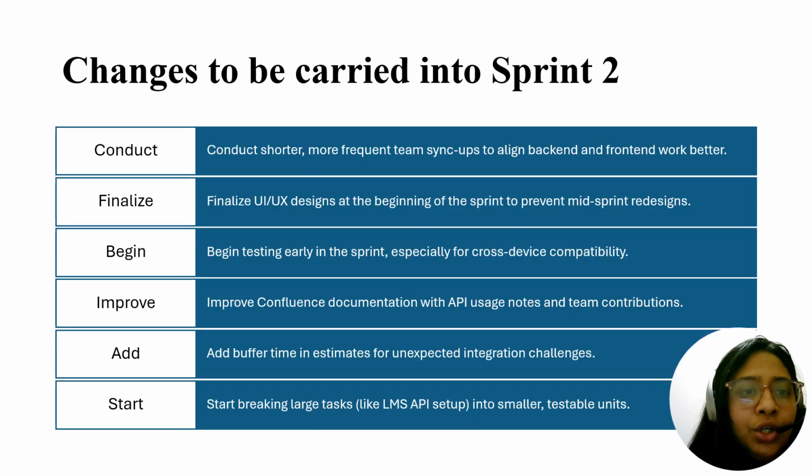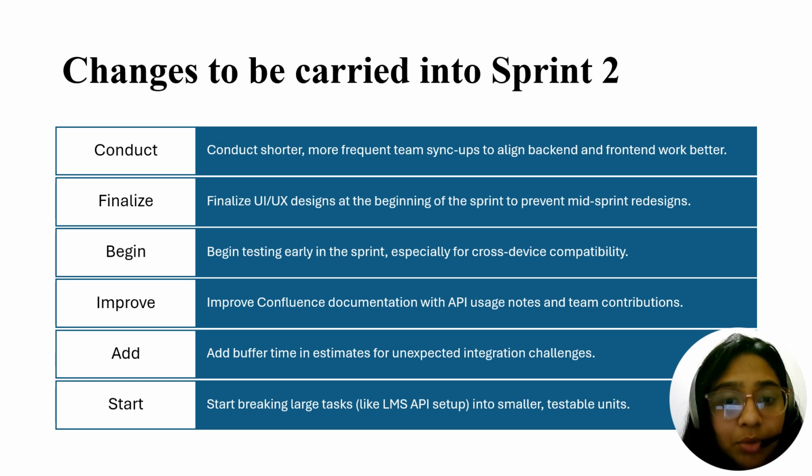So we have some changes for Sprint 2: finalize UI/UX designs at the beginning of the sprint, plan to begin the testing earlier so we can do compatibility testing especially, and start breaking large tasks like LMS API setup into smaller testable units.